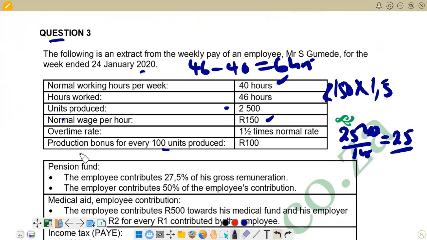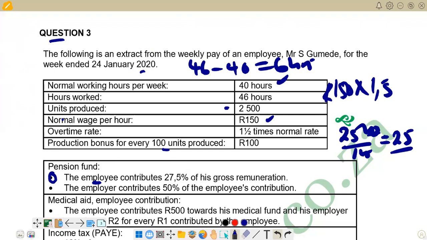We are told that the employee contributes 27.5% of his gross remuneration. So we are only concerned with the part of the employee. For the employer, we are not concerned because we want to calculate the net wage, and the net wage is concerning the employee. So at the gross, remember, we have the figure as 9,850.